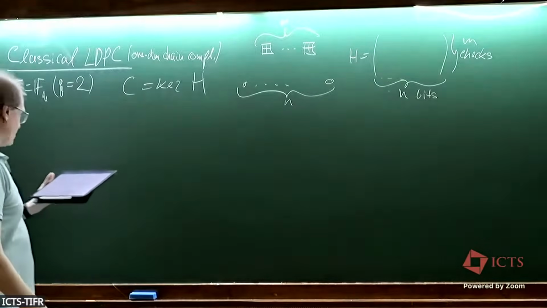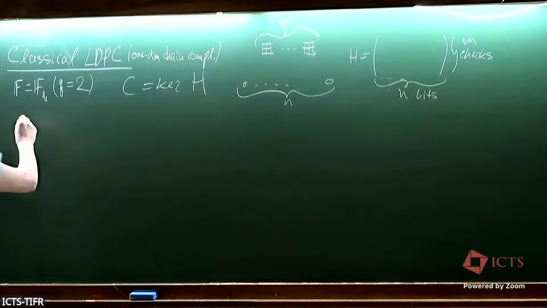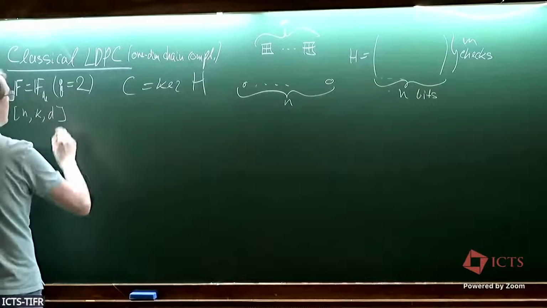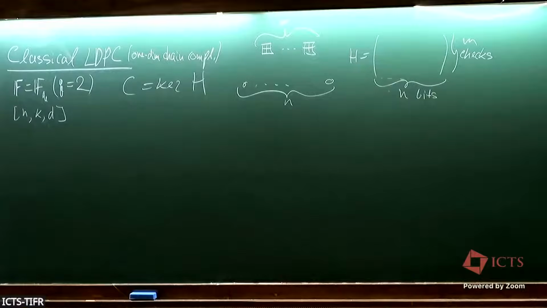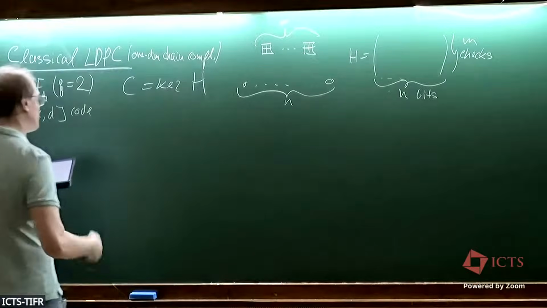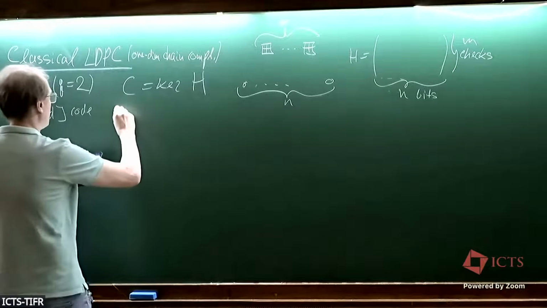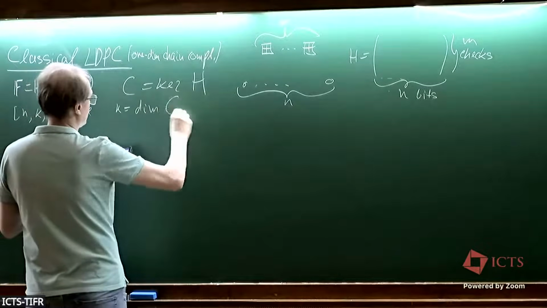Okay, and so what we call an [n, k, d] code, also called a linear code, is a code defined by, for example, some parity check matrix, that has the following parameters. We have k, the dimension, just the dimension of the space.